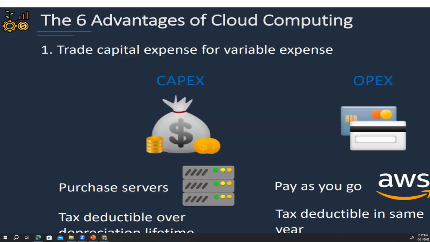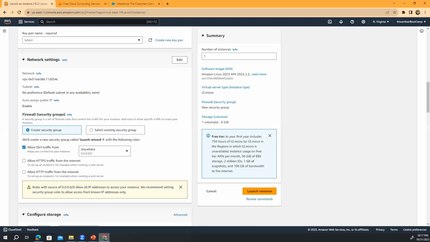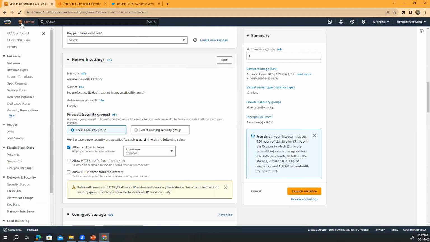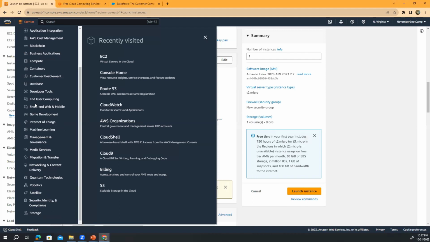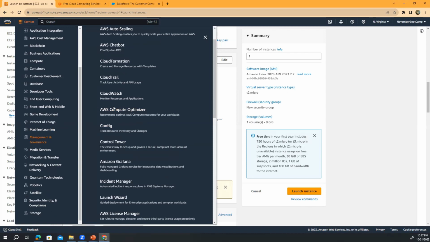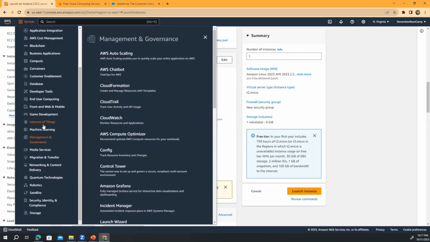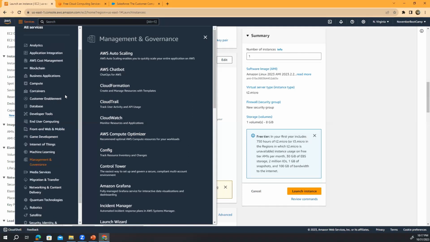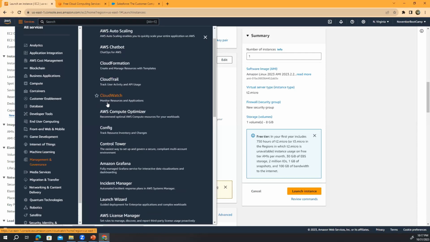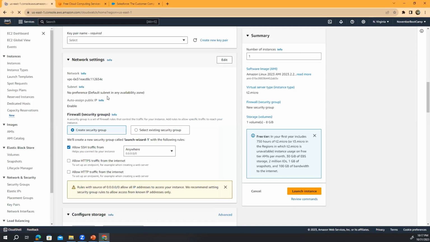Now I told you something like CapEx and OpEx. What is that one? When you go to AWS and open the services, you have management and governance. Within this, you have CloudWatch.